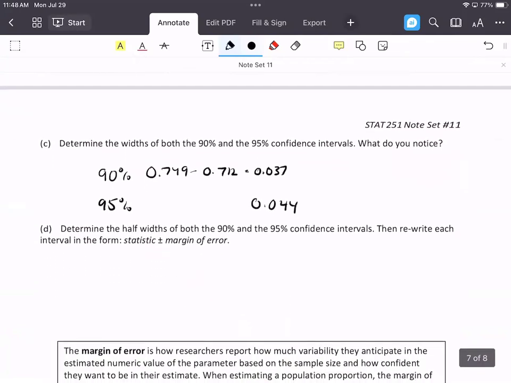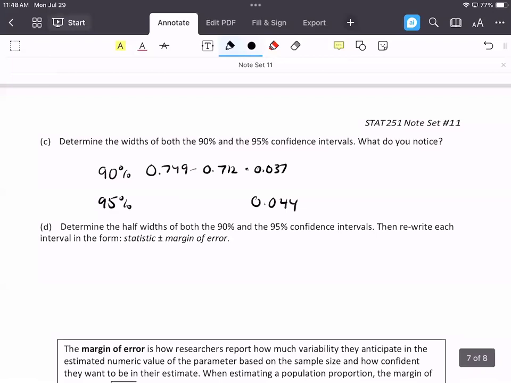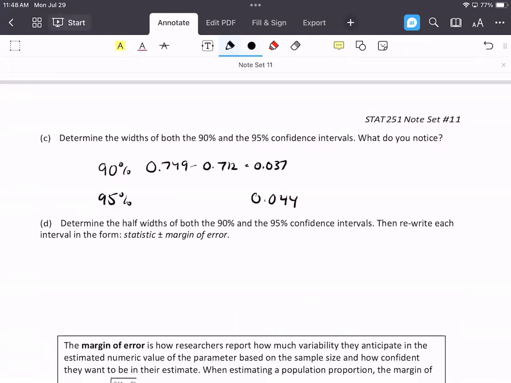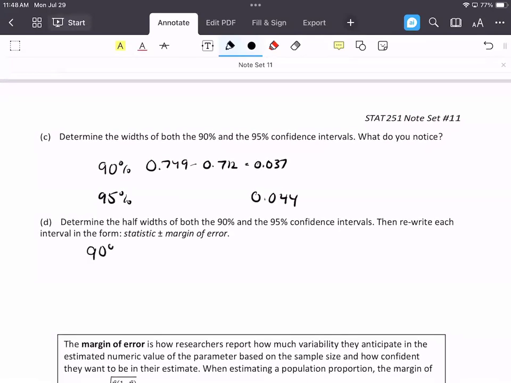Now for part D, it said determine the half widths of the 90% and 95% confidence intervals, then rewrite each interval in the form of statistic plus or minus margin of error. So I'm going to do it specifically for the 90%, get that started. The half width is going to be the width divided by 2, and I get 0.0185.